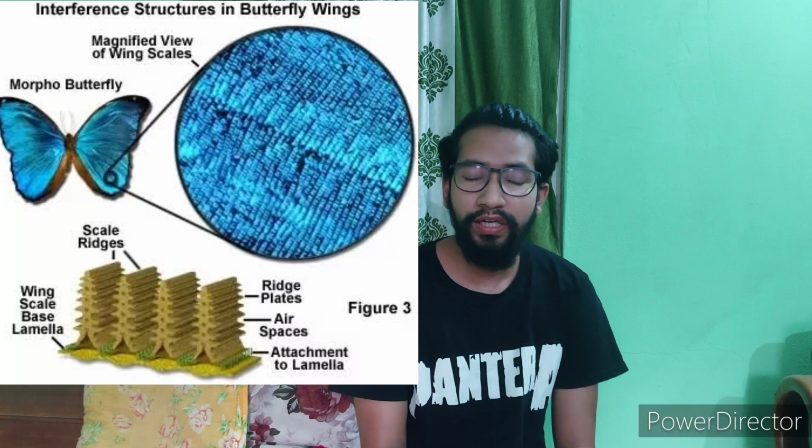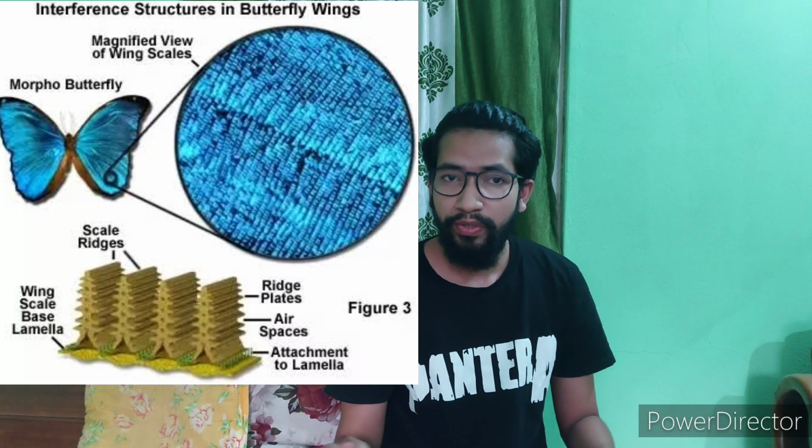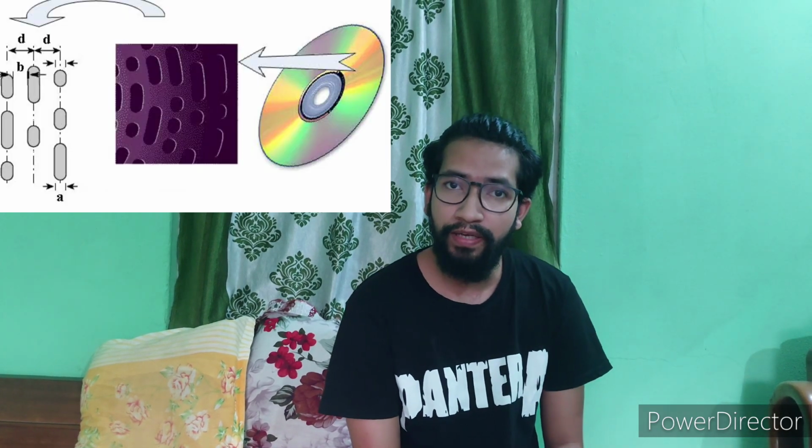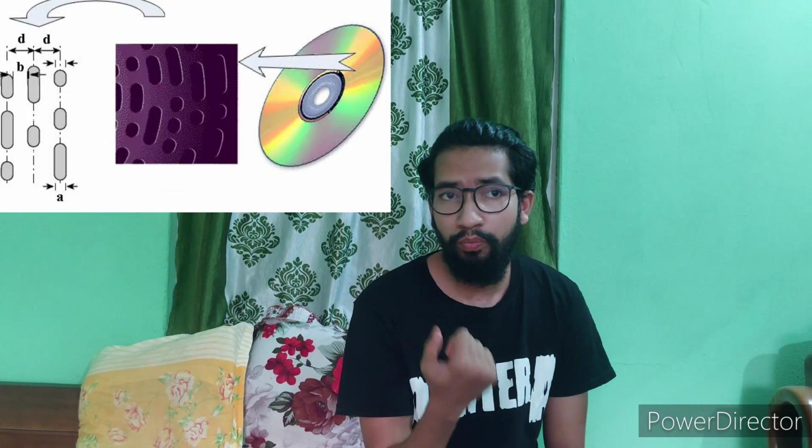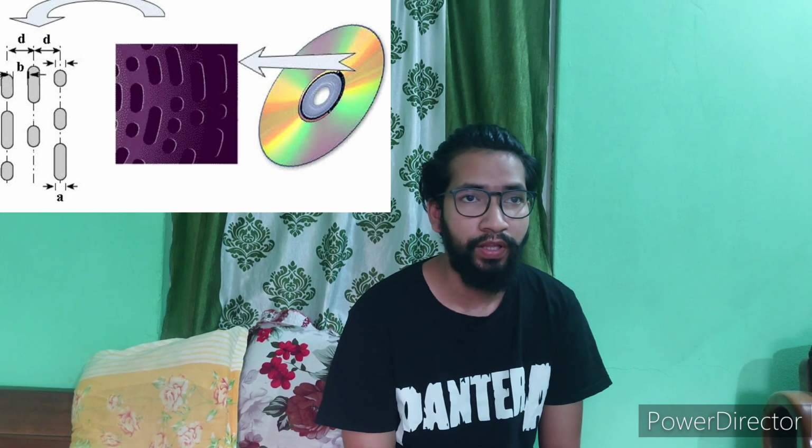Similarly, some butterflies also have blue colored wings, but if I scrape off the wing of the butterfly, I cannot find a blue pigment mostly. Why? Where is that color coming from? The color is coming due to diffraction grating.